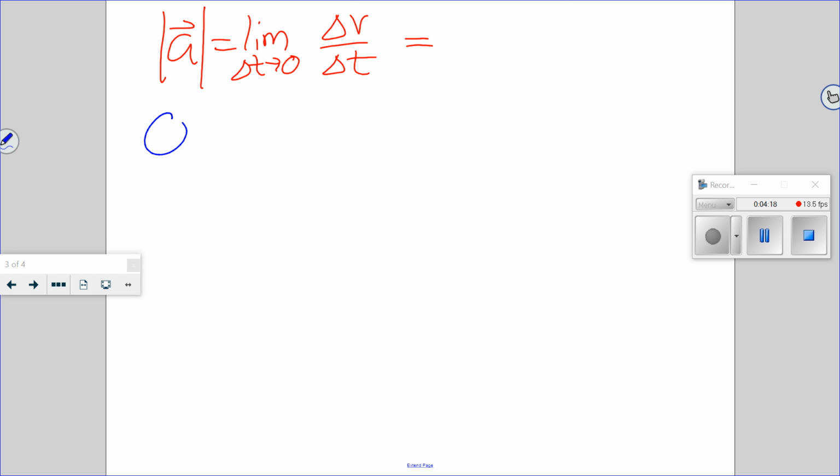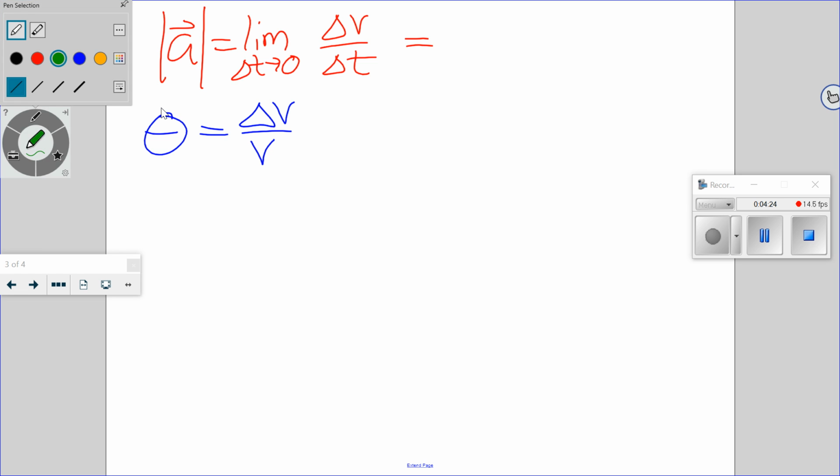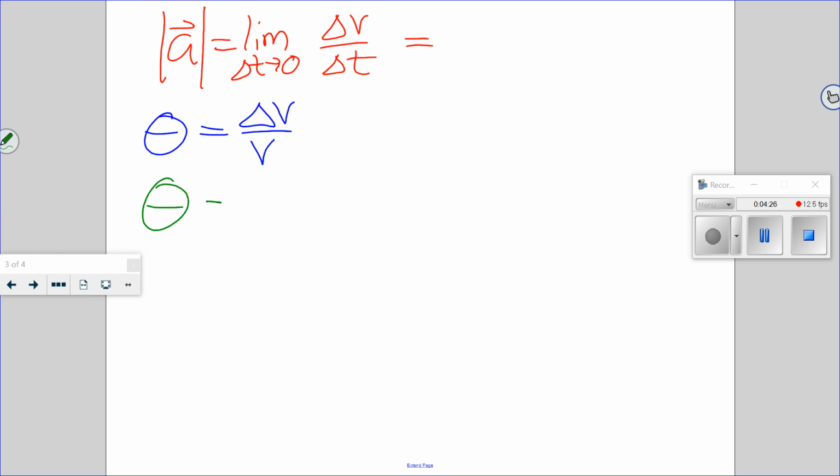So theta is delta V over V, and theta is also S over r, our arc length. And the arc length itself, that's just regular speed times time. That's how far it's going over the arc.